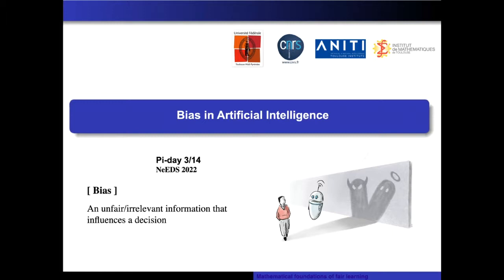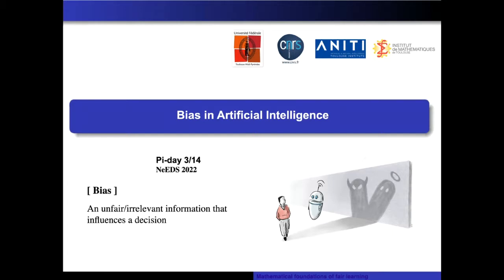So today I'm going to present some recent work dealing with fairness or bias in artificial intelligence, and especially in machine learning. So first, I just want to define what is bias. It's very complicated.